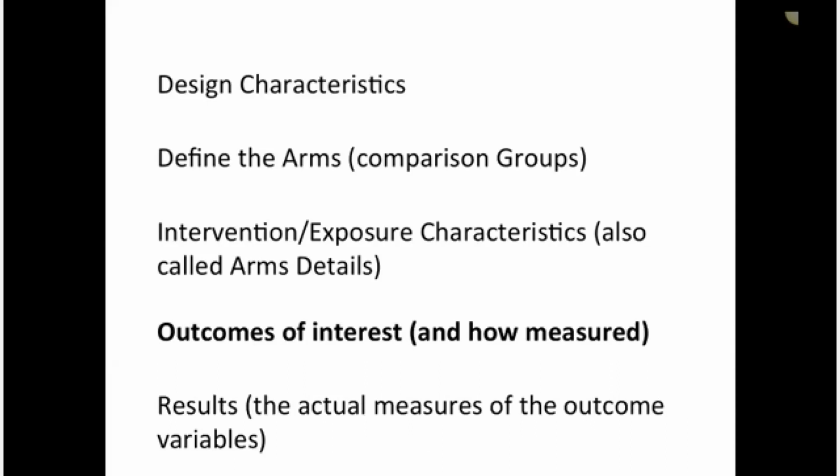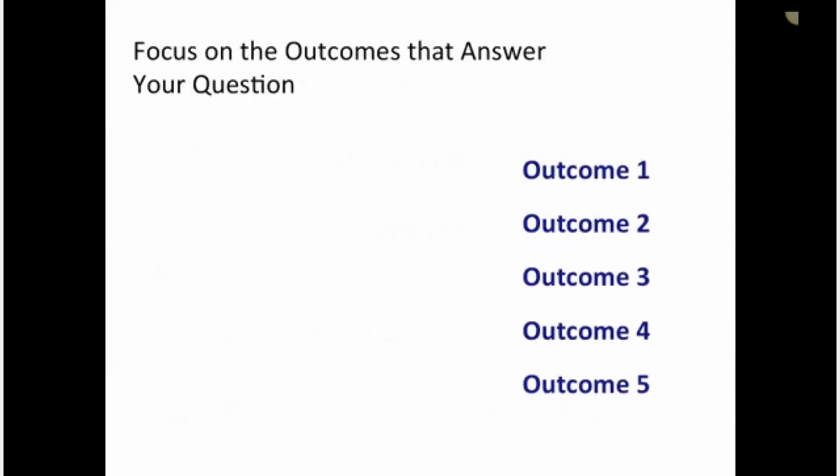Now, obviously in this video, we're interested in the outcomes of interest. That's why they're bolded. And so here's the deal. In almost every article you read, they're going to have a ton of different outcomes. Authors don't generally publish on one outcome. Why waste all the time? You want to focus on a number.